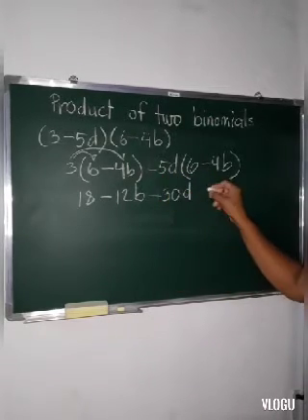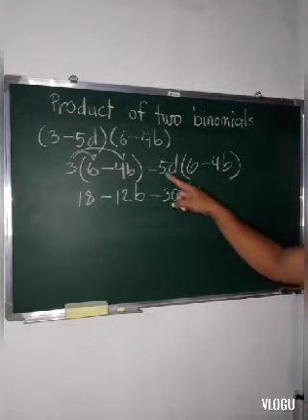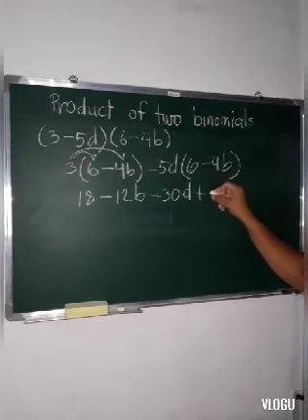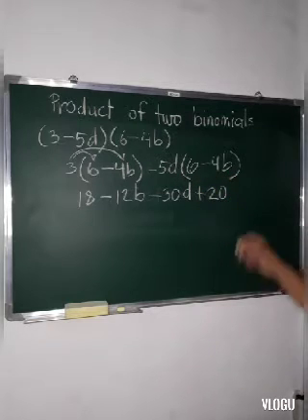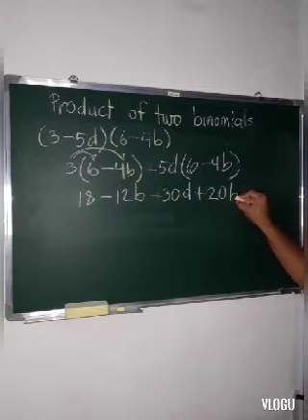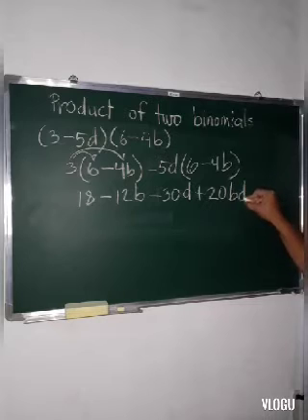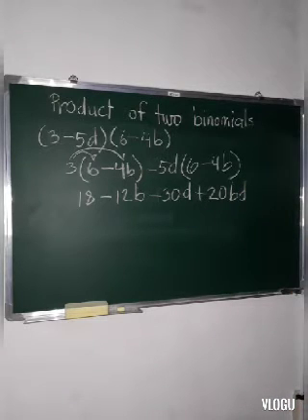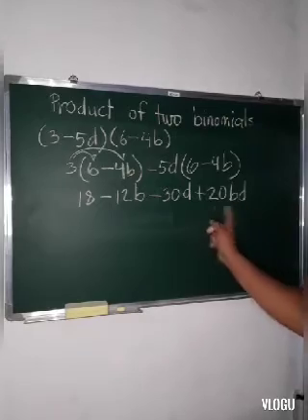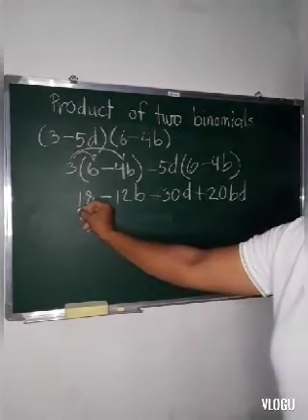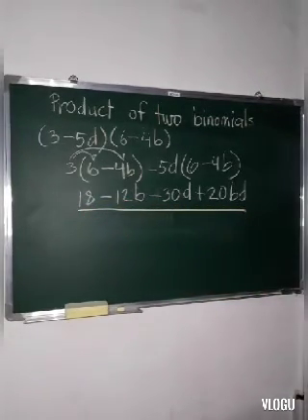Next, negative times negative is positive. 5 times 4, we have 20, and then db. So, we have bd. Again, as I said earlier, we're going to follow the arrangement of the alphabet. So, b, and this is d, and then bd and 18. So, the final answer is this one.